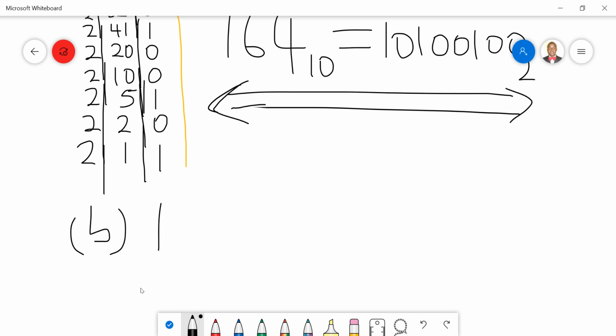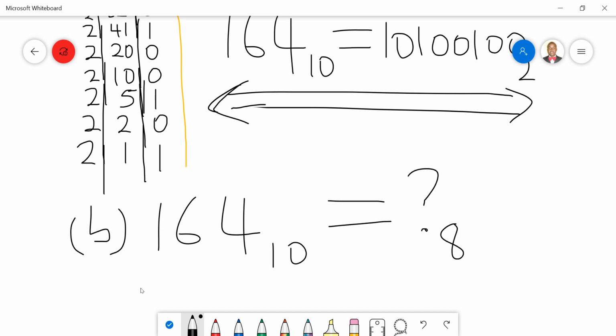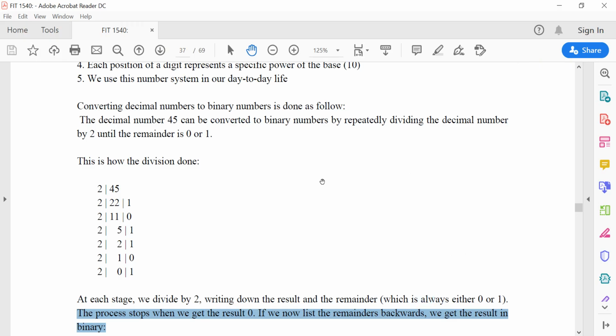It says 164 base 10, we want to get its equivalent in base 8, which is octal. So this one is simple, guys. I'm going to show you again from our lecture notes so that when you study at home, you will remember where we get these things.